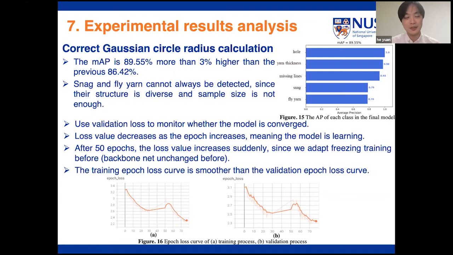No, we use the same way to calculate the accuracy. What we mentioned for detecting whether we got the true boxes only helps us to train the model, not to judge whether the model is good or not. And the snag and fly yarn also cannot be detected so well because they are too small.